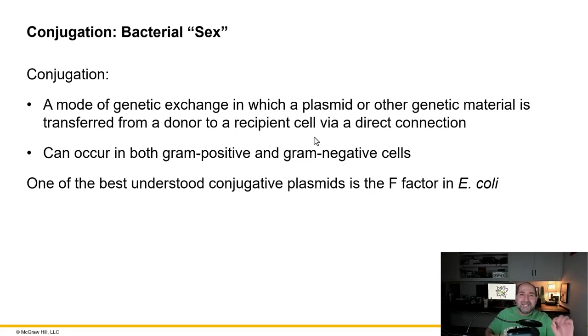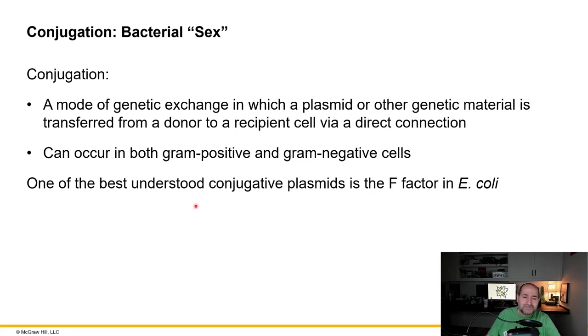DNA is sent from the donor cell, the cell that constructed the sex pilus, to the recipient cell. The recipient cell does not send genetic information back to the donor. And conjugation can occur in both gram-positive and gram-negative bacteria.